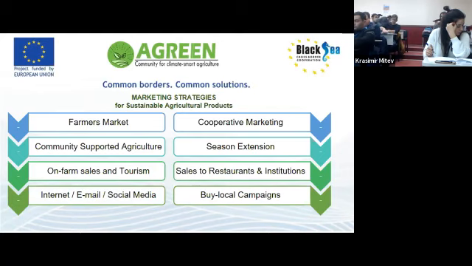The products are distributed to them in crates on a weekly basis, so the production is guaranteed for the citizens who are members.